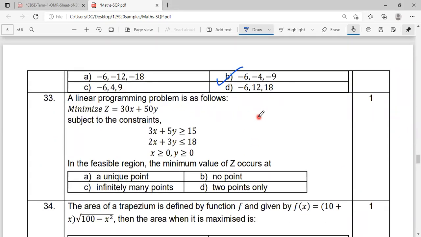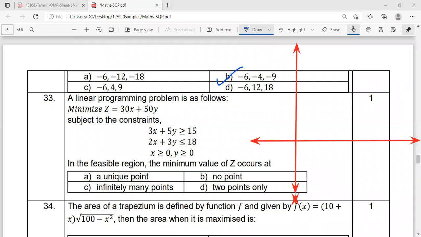A linear programming problem is given by this, subject to constraints. The feasible region: the minimum value of z occurs at a unique point, no point, infinitely many points, or 2 points. So we need to draw a little bit of this. I mean, the constraints, we need to draw them.